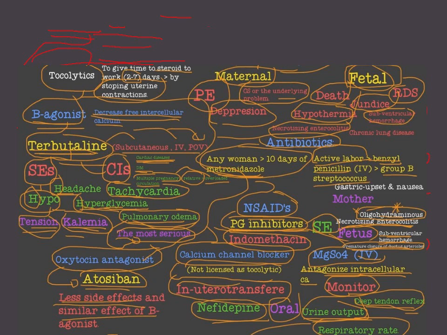Now let's talk about the complications of preterm labor, the maternal and fetal outcome. Maternal outcome is pulmonary edema from the usage of what? The beta-agonist, terbutaline. Don't you remember? Side effects on the mother is pulmonary edema, the most serious one.